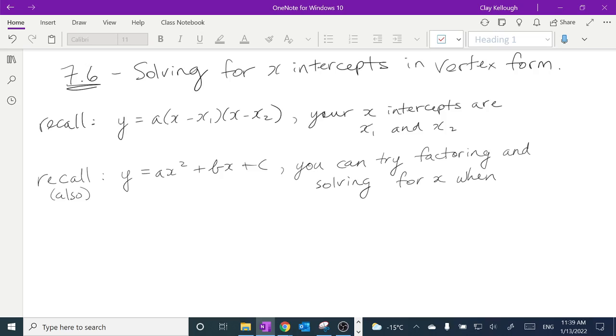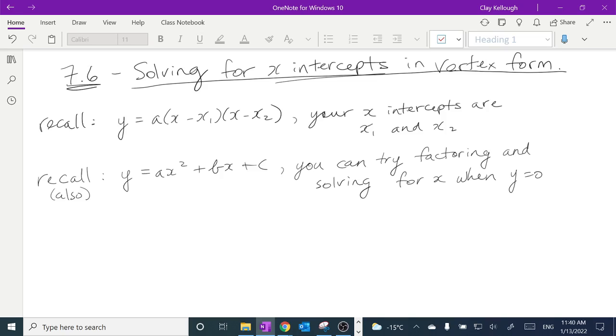Mr. Keller, this isn't in the booklet. Yeah, I know. That's why we're writing it down. Sorry, did I not make that clear? We're just doing a quick little lesson, additional to what 7.6 is about. So you can try factoring and solving for x when y is equal to 0. Because remember, x-intercepts happen when y is 0.